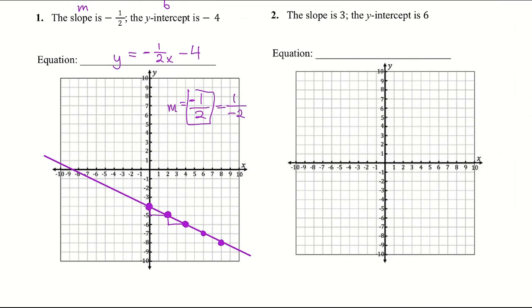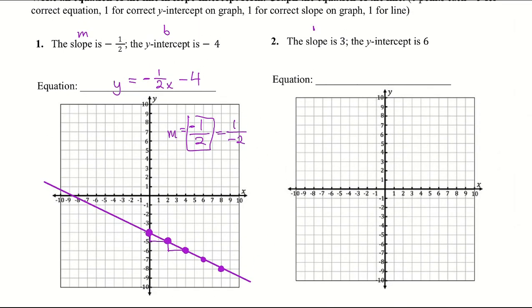Number 2, the slope is 3, the y-intercept is 6, so my equation is y equals 3x plus 6. Again, start with the y-intercept at 6.